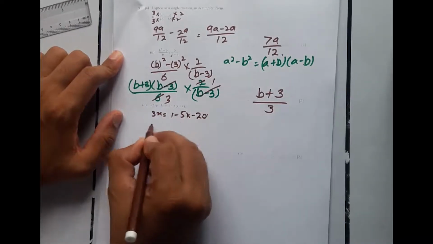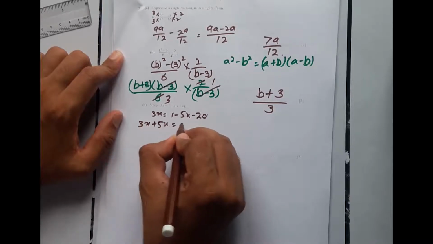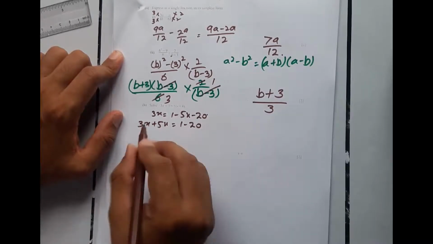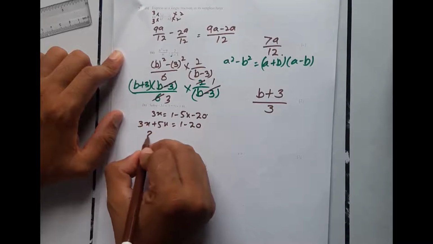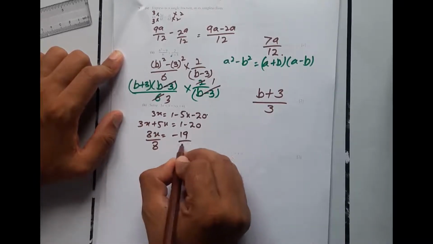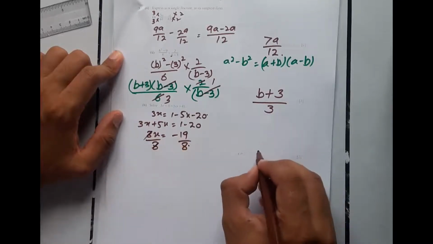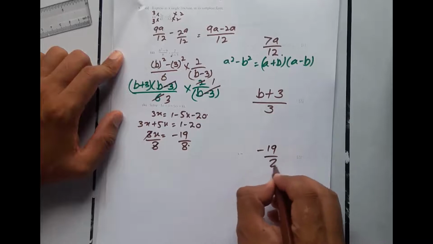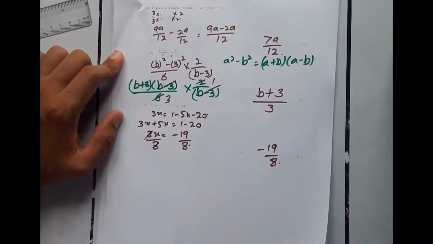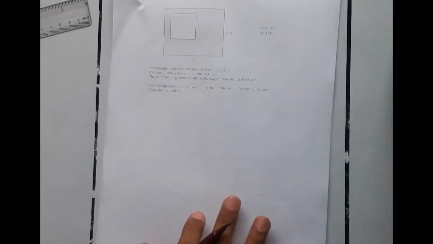Shift the x value on one side and the constant on its own side. 3x plus 5x is equal to 8x. This will become 19. We will divide by 8. x will be equal to minus 19 by 8. This is question 5b part. Okay, we are on the c part right now.